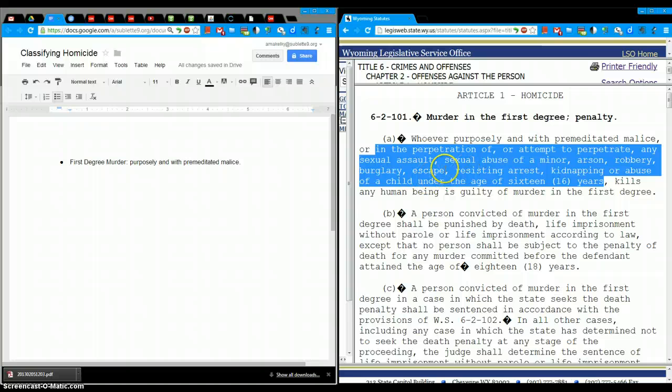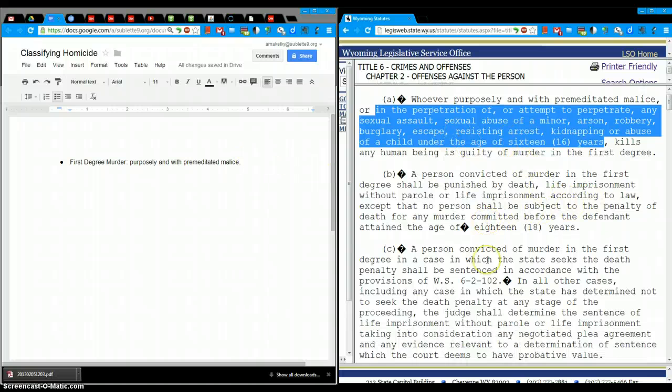Escape, so like let's say they're already in the county jail and they try and escape, and they kill somebody as they're trying to escape from jail, that would be first degree murder. So that one's pretty straightforward.